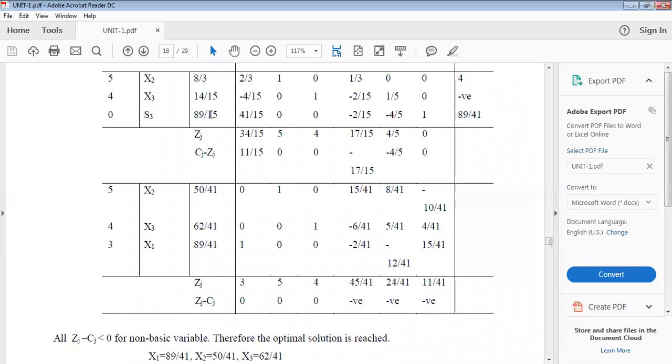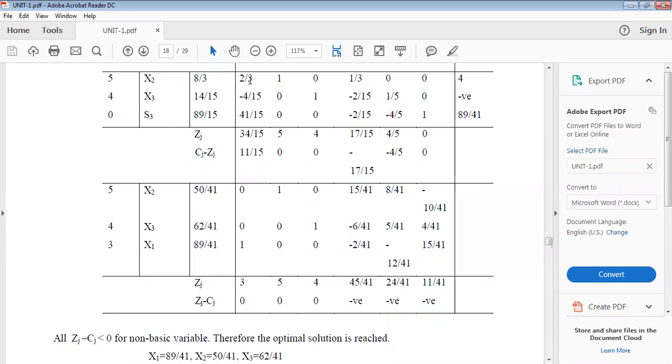That means 41 by 15 will become the key element. You have to make it 1. For that, you multiply all these elements by 15 by 41. If you multiply by 15 by 41, it automatically becomes 1.